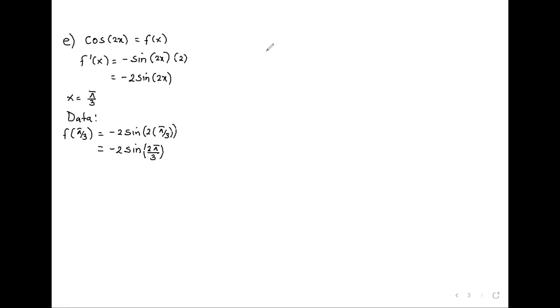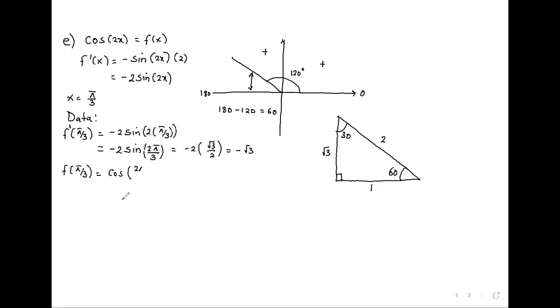So what is sine 120? We borrow it from the quadrant. This is 0, 180, so 120 is somewhere here. We use this quadrant: the reference angle for 120 is 180 minus 120, which is 60. Sine is positive in the first and second quadrant.